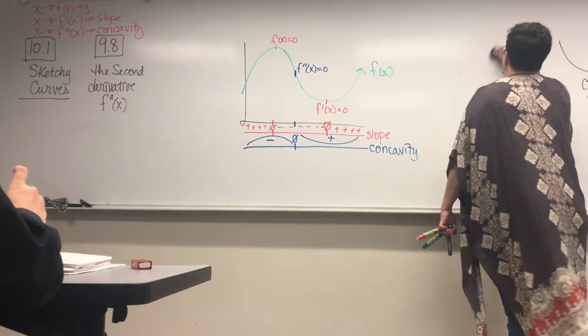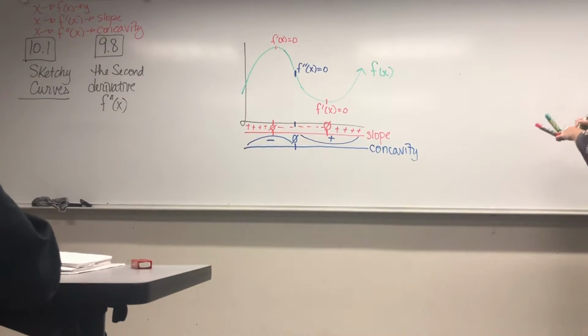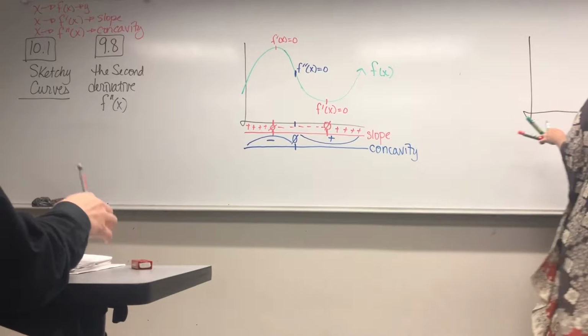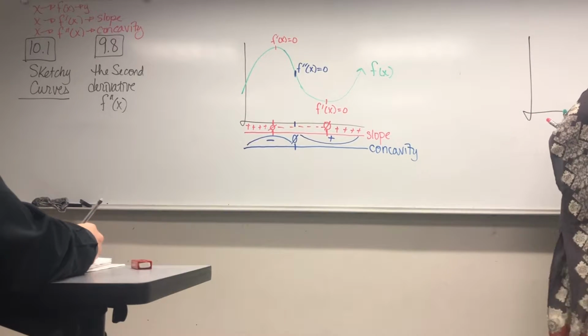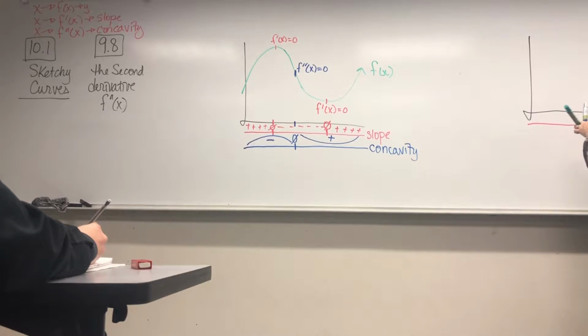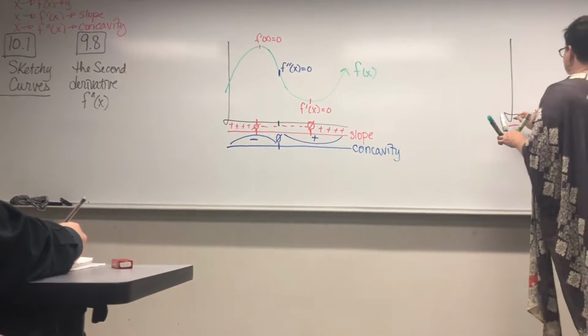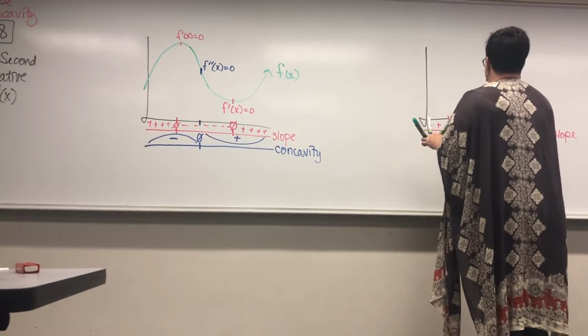So now I'm going to redraw that function using just that profile. So what did I have? Here's my slope. So I'm going to redraw my profile. There's 0. Here's positive. Here's negative.